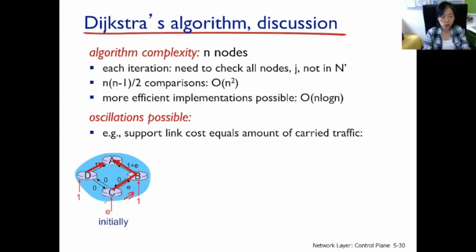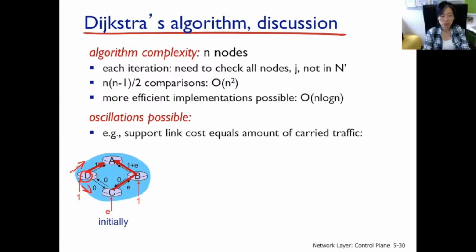C also sees two possible paths. If we take this direction, cost is E plus 1 plus E, and that is 1 plus 2E. The other direction, cost is 0 plus 1, therefore 1. And therefore, C would choose to go also clockwise to send traffic to A. Similarly, D sees also two paths.